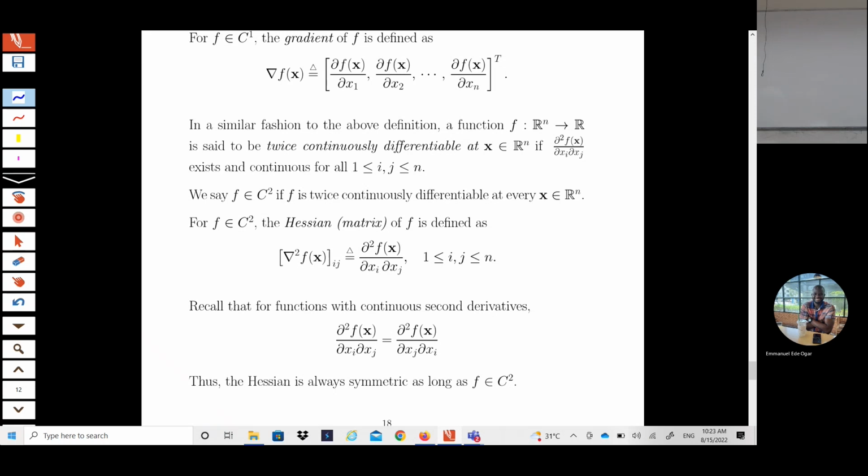So in chapter 4 and chapter 5, when we are dealing with unconstrained optimization, you will see that the Hessian matrices are always symmetric because we consider only smooth functions.